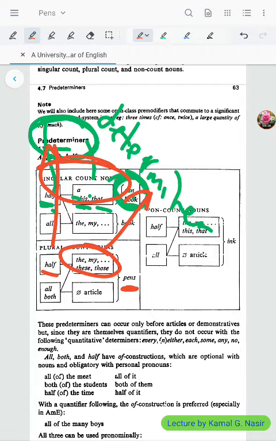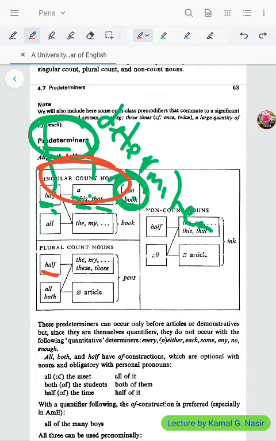So we say half the pens, half my pens, half these pens, half those pens. All and both can also come with the plural countable noun. Can both come with the singular? No, they do not come with the singular. It is not here. Okay, good.